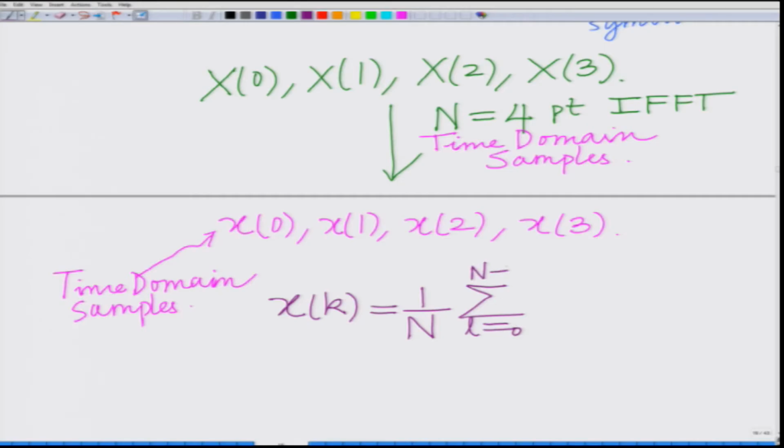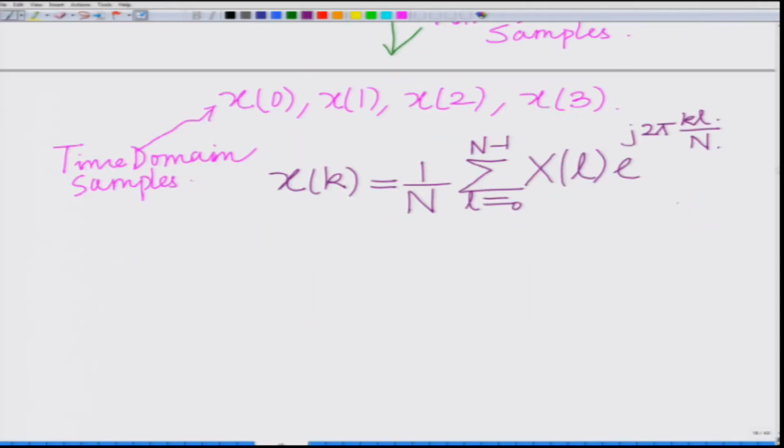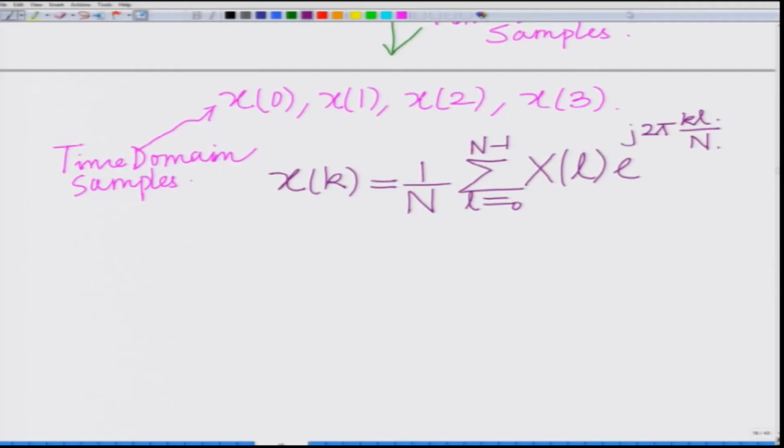over L equal to 0 to N minus 1, e power j 2 pi k L by N, and we have already calculated this previously in the context of the OFDM symbol. We have calculated the time domain samples already. So, I am going to simply write those down over here.